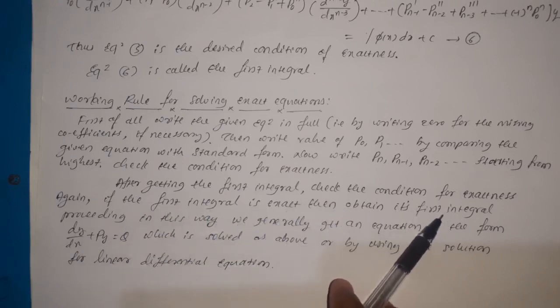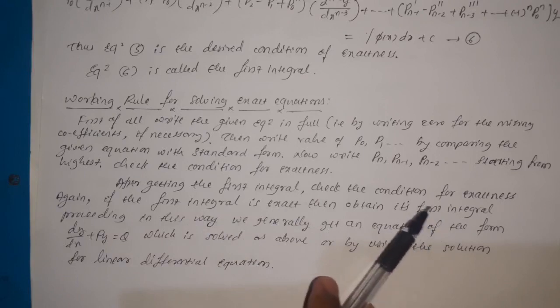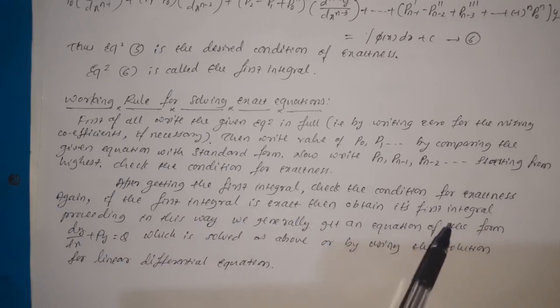This is called the first integral only; it should not be called second integral, third integral. It is always called the first integral. Proceeding in this way, we generally get an equation of the form dy by dx plus Py equals Q, which is solved as above or by using the solution for the linear differential equation.